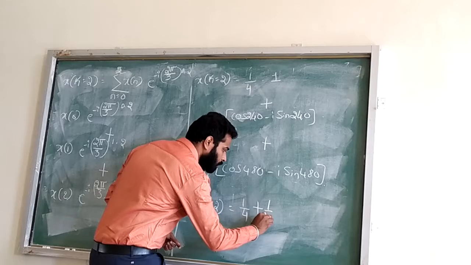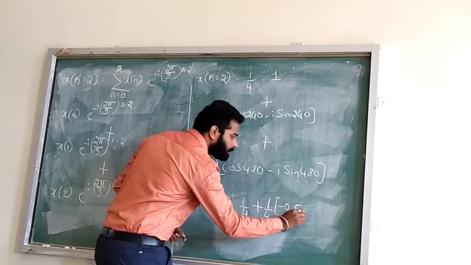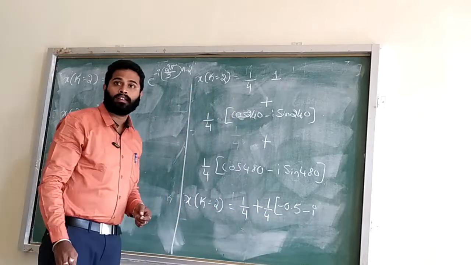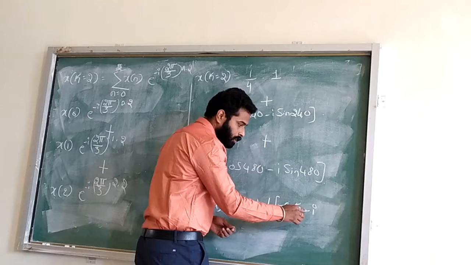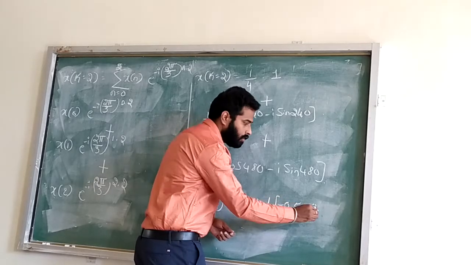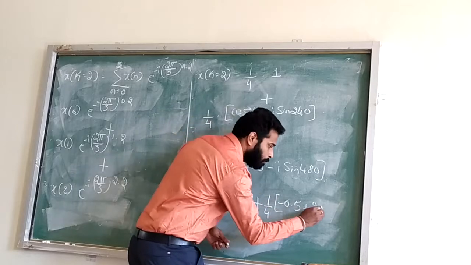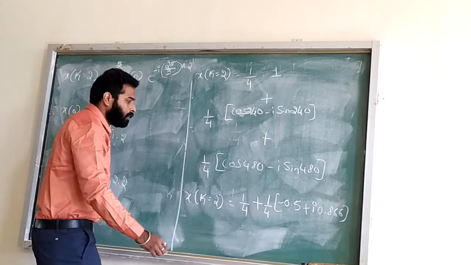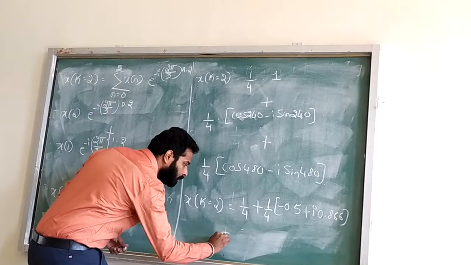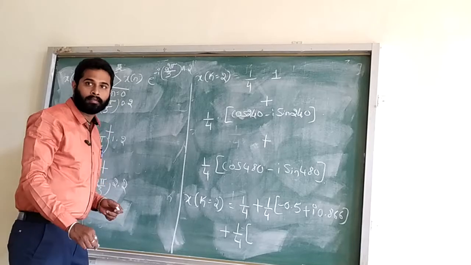Minus I sin 240, which is minus 0.866. So minus into minus is plus 0.866. Now third term, plus 1 divided by 4 into cos 480, minus 0.5.